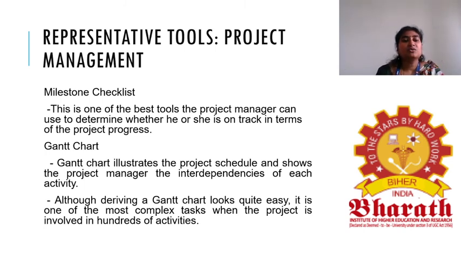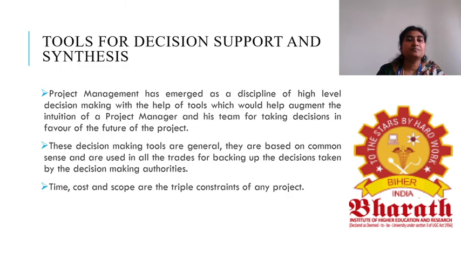So Gantt chart also helps in doing the project management easier. So the scheduling and tracking can be made easier with the help of the Gantt chart, and tools are available for creating such milestone checklist and Gantt chart.